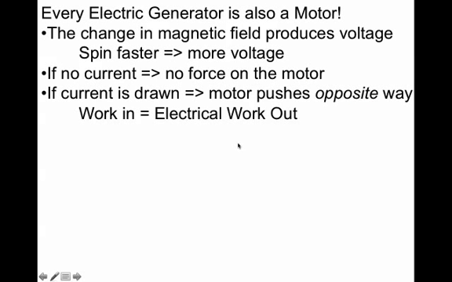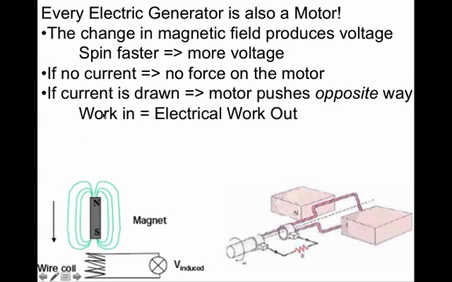And so we can see if we allow current to be drawn from our generator, we're going to have to do more work to push it against that magnetic force. And so if we draw electrical work out from our generator, we're going to be forced to put more work in.